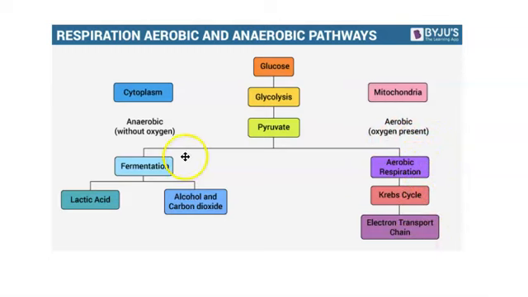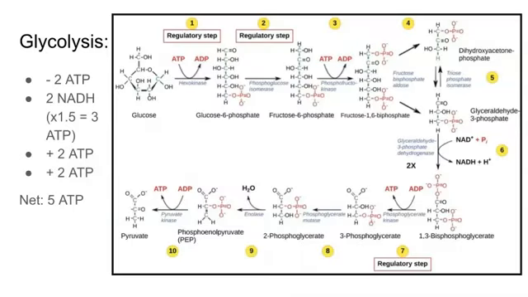And then to the other side, we can take glucose and form pyruvate, and then move it through anaerobic respiration without oxygen, which will go through fermentation and either form lactic acid or alcohol and carbon dioxide. So those are the two processes that we can use glucose.